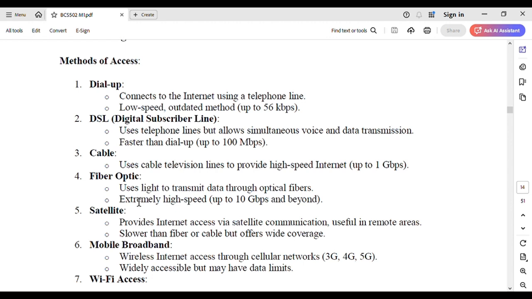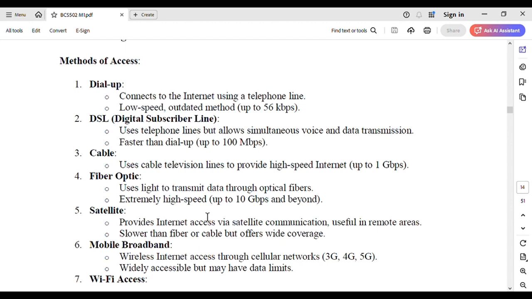Next, an advanced technique uses optical fiber. It uses light to transmit the data through the optical fiber cables, with light as the signal. From that we get extremely high speed, up to 10 Gbps and beyond.